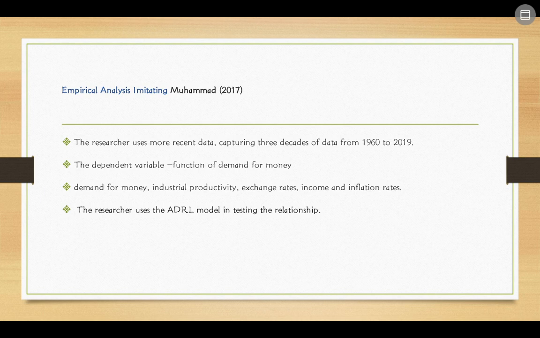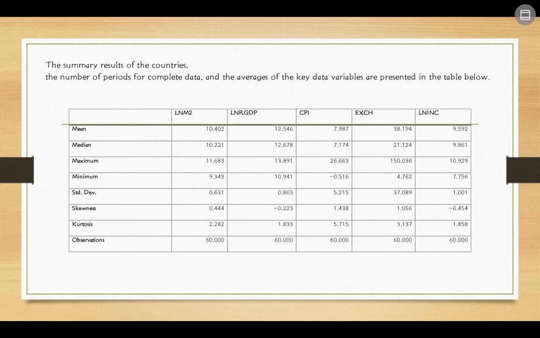The key measures captured in this study included demand for money, industrial productivity, exchange rate, income, and inflation rates. I used the ARDL model in testing the relationships for this data. The summary results of the country, the number of periods for complete data, and the average of the key data variables are presented in the table below.